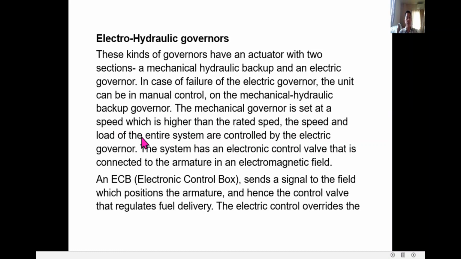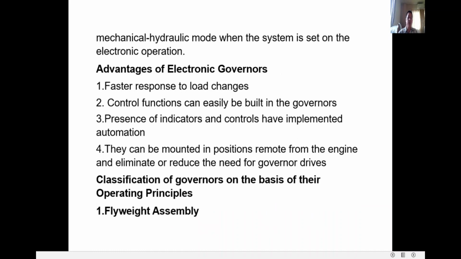The speed and the load of the entire system are controlled by the electronic governor.